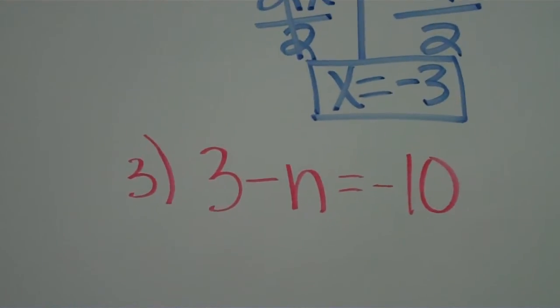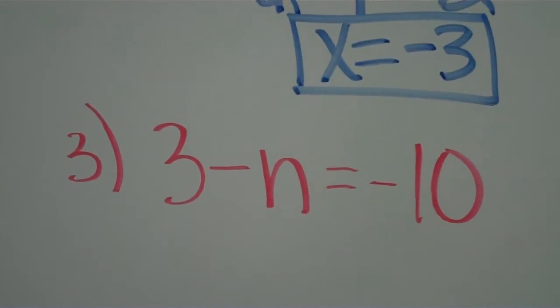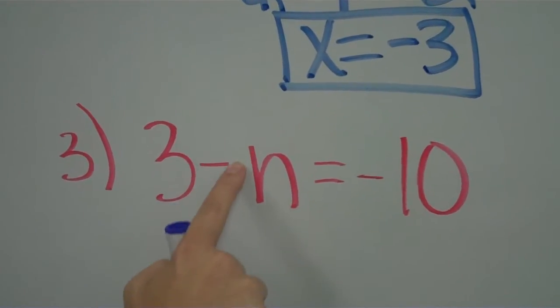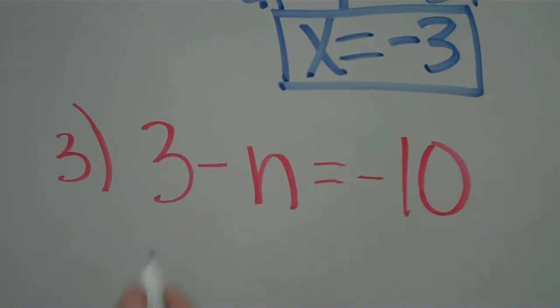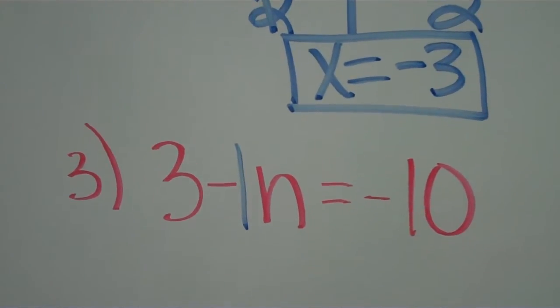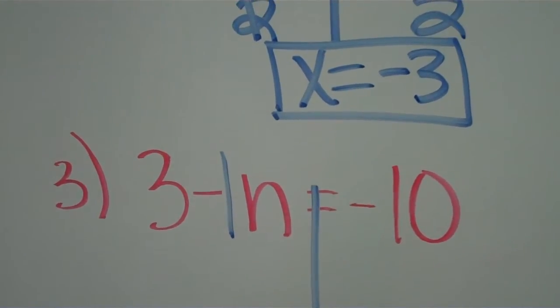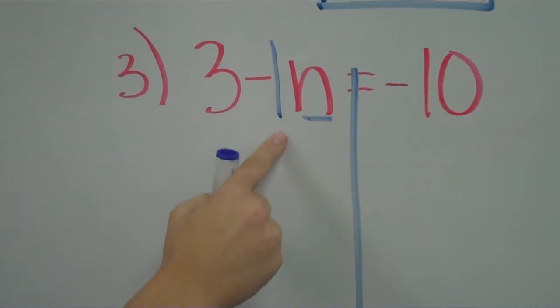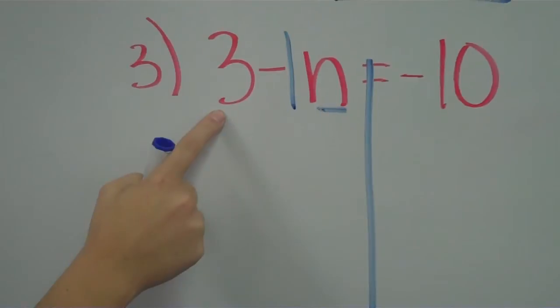Okay? Let's do number 3 real quick. This one's a little different. 3 minus n equals negative 10. Well, this one doesn't have a number, and so you should remember from the other videos, if there's no number, the number is 1. So go ahead and write that in and draw your line. So you're n. Your best friend is this negative 1 here, so we're going to kick out this guy.